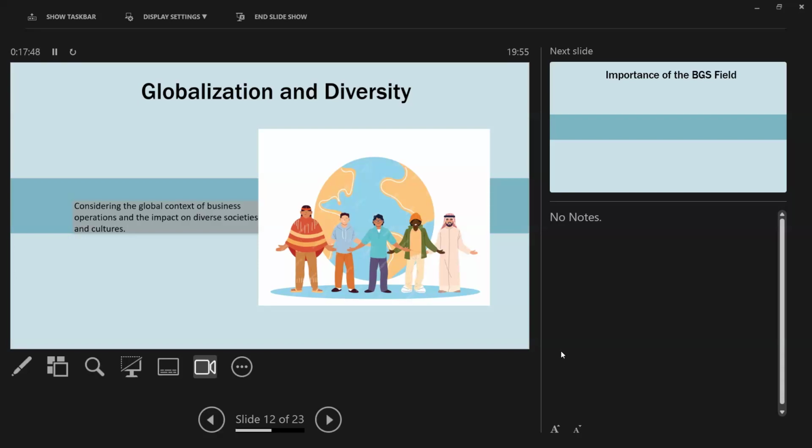And now you can see that there's a newer term because of the internet, the era of the fourth industrial revolution. It's now easy to do what is called globalization. It's easy for companies to have branches all over the world.